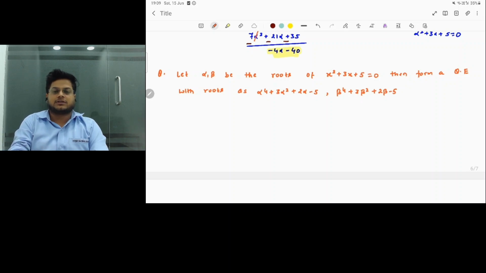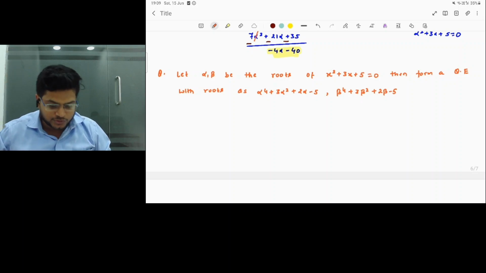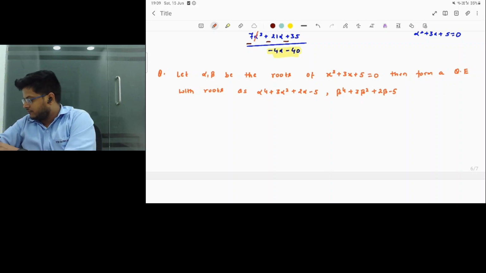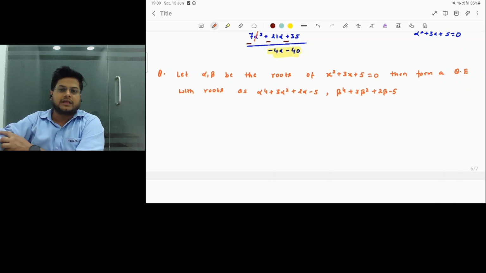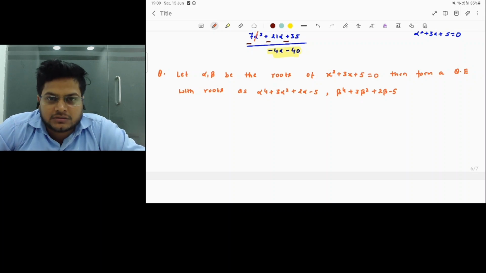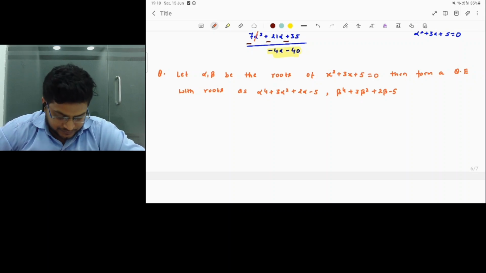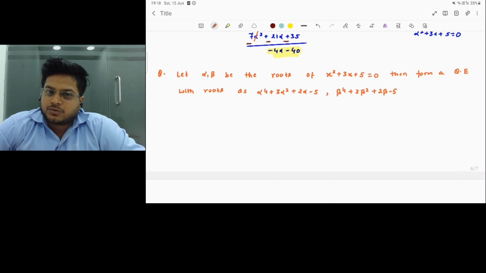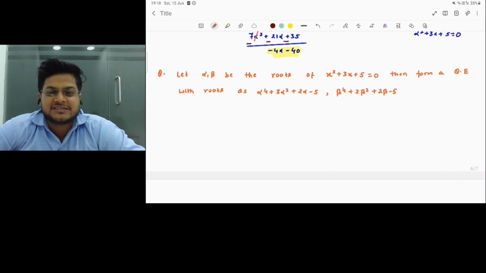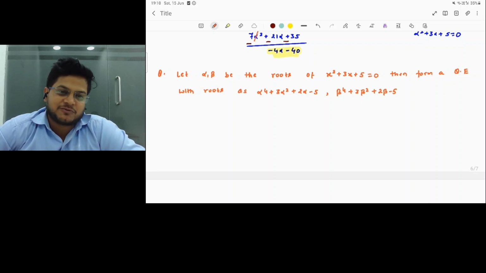So this is our question. The question is that alpha and beta are the roots of a given quadratic. So you are supposed to figure out a quadratic equation whose roots are alpha to the power 4 plus 3 alpha square plus 2 alpha minus 5 and this. Those who are very courageous will take the approach: okay, I will try to find the sum of the roots.